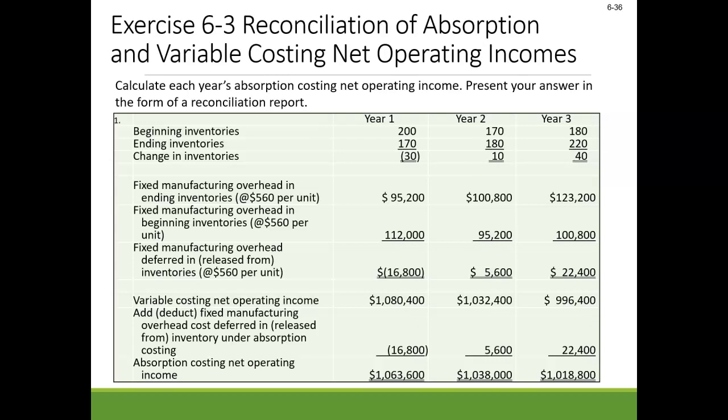So basically, over time, these figures all even out.